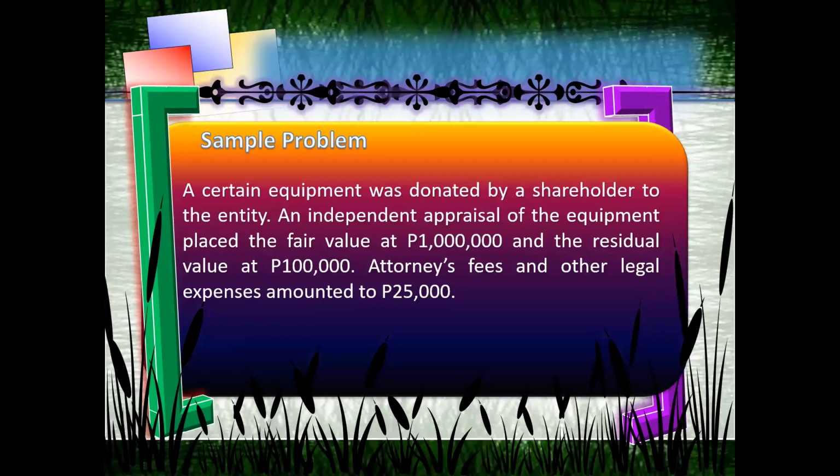And if you're asked how much our donated capital balance is, with the incurrence of the attorney's fees and other expenses in relation to the donation, it will be 1 million minus 25,000, so the donated capital is only 975,000. Okay? So that's for donation.